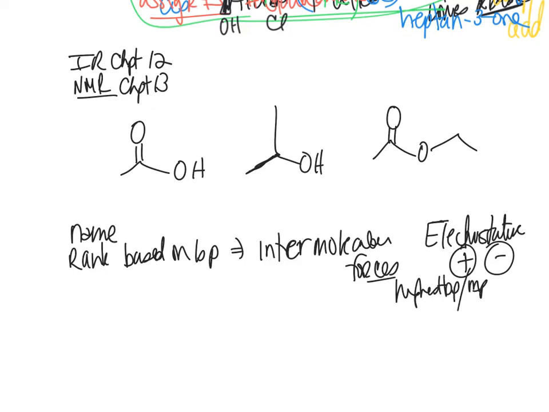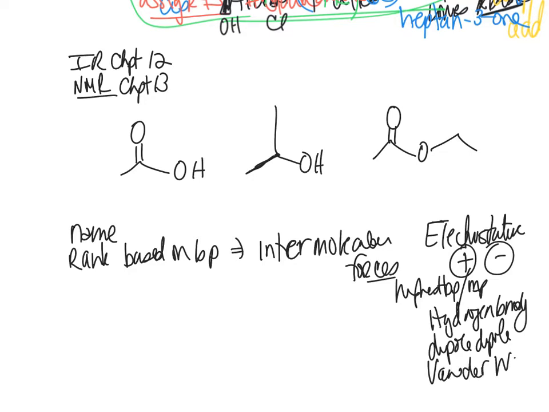And then what's the next one? Hydrogen bonding. And then you have dipole-dipole. And then you have van der Waals. And if something has hydrogen bonding, it also has dipole-dipole and van der Waals.